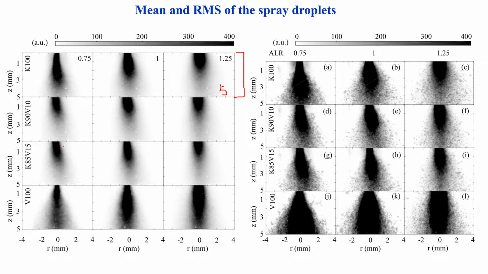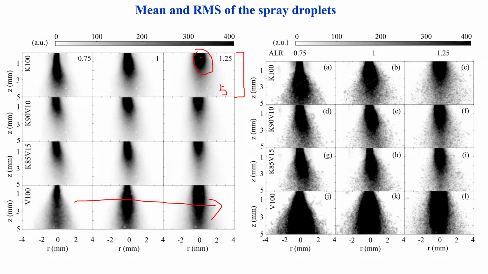Here we can clearly see that as ALR increases, the core breakup of the bigger droplets is reducing. Whereas for the vegetable oil, because of the higher density and viscosity, the length is also higher.